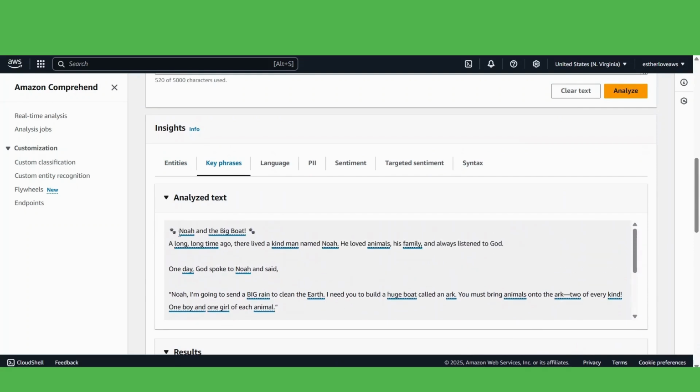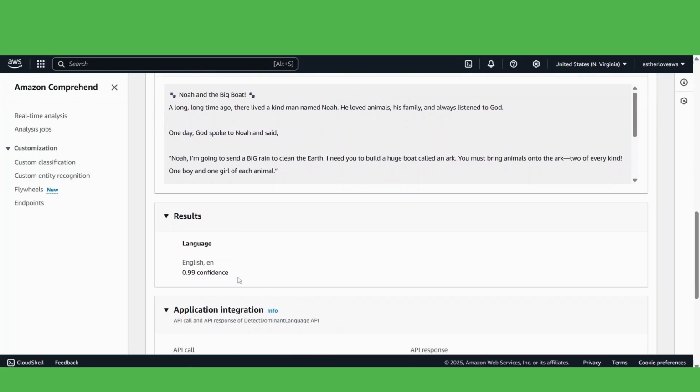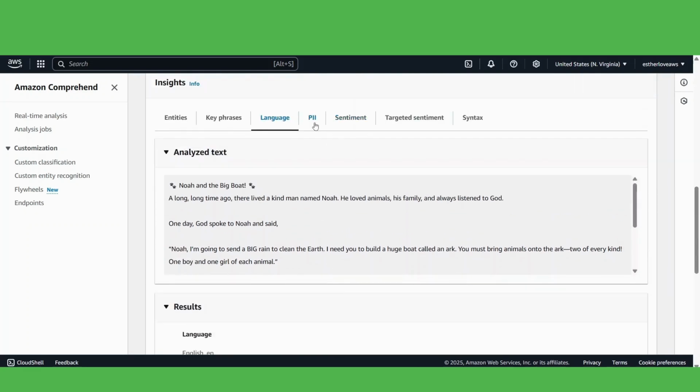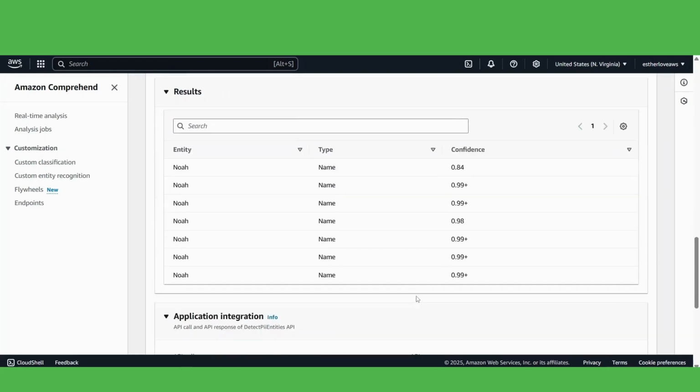For key phrases, it was able to note that Noah most likely is a key phrase, 73% confident. What are the languages here? Languages, English with 0.99 confidence, really high and accurate. PII, let's see if there's any PII.